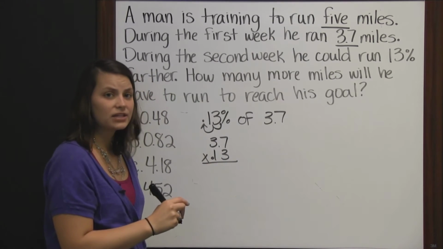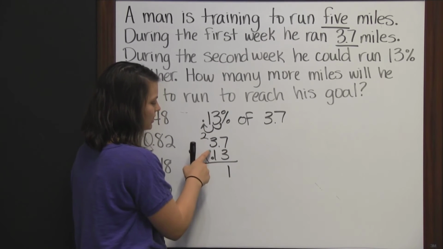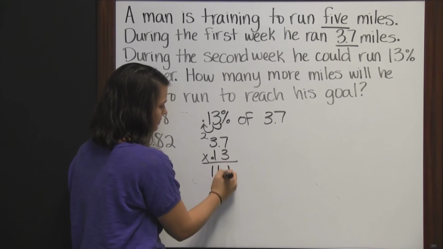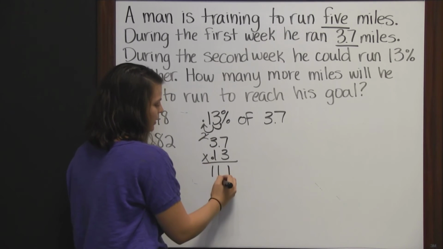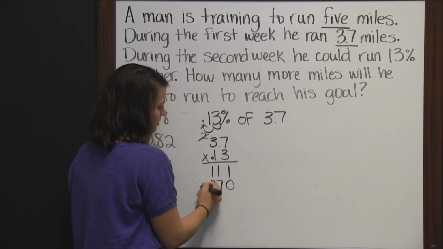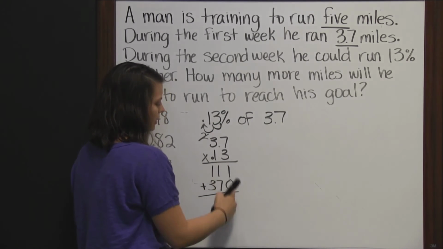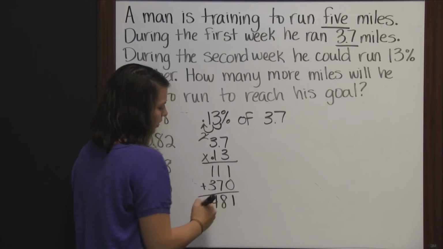3 times 7 is 21. 3 times 3 is 9, 10, 11. 0 placeholder. 1 times 7 is 7. And 1 times 3 is 3. Add those together. 1, 8, 4.